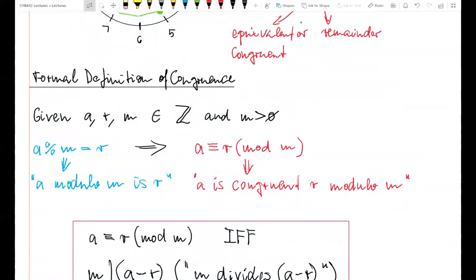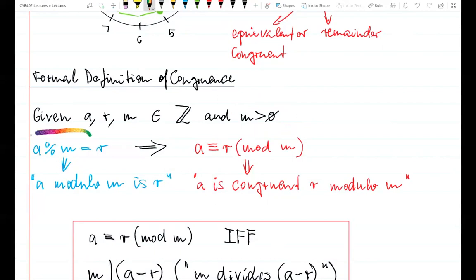Let's assume we have an integer a, a remainder r, and a modulus m, all of which are integers. The additional requirement is that our modulus is bigger than zero. So it's a positive integer that cannot be 0, obviously, because we can't really divide by 0, as you know.